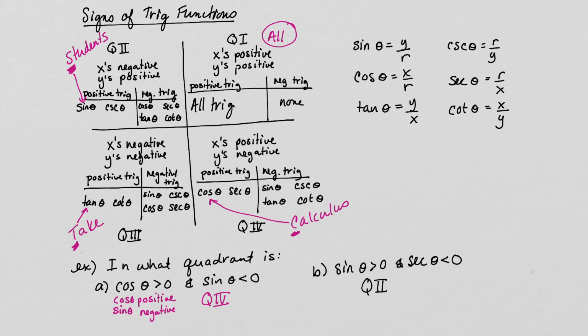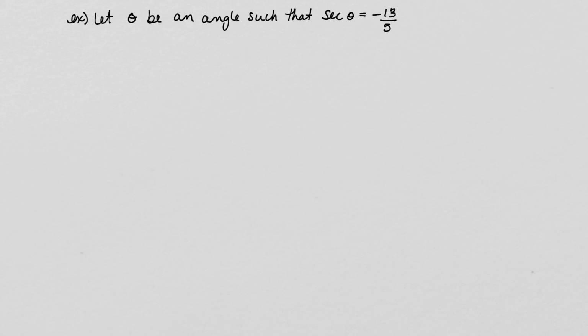Okay, so I have one more example then that deals kind of with this and ties into what we were doing before. So let theta be an angle such that the secant of theta is equal to negative 13 over 5, and the cotangent of theta is greater than 0.